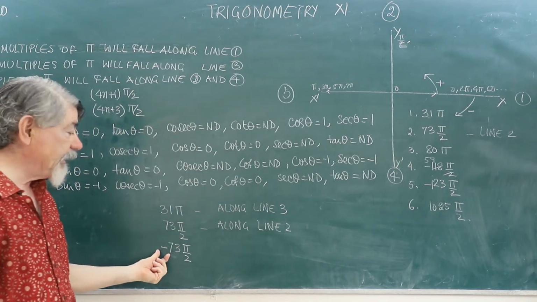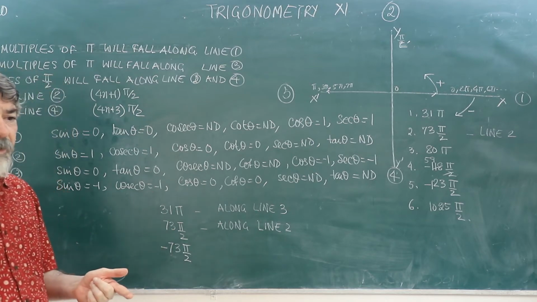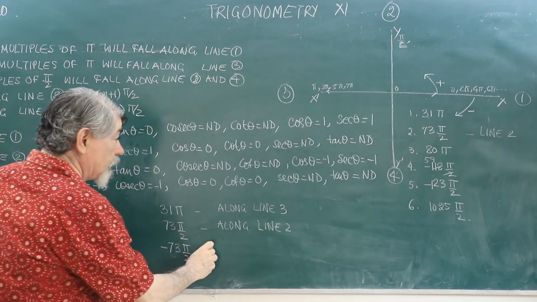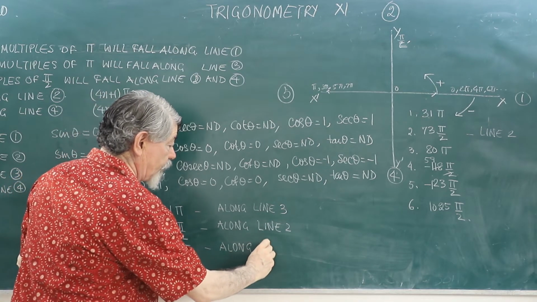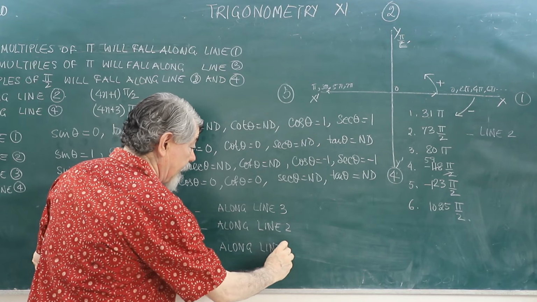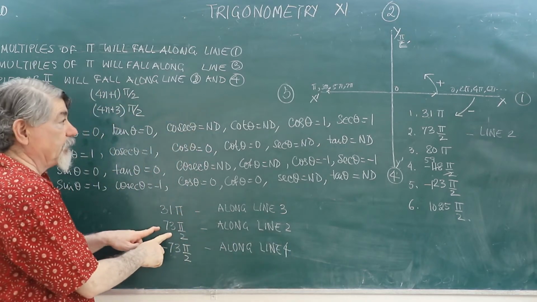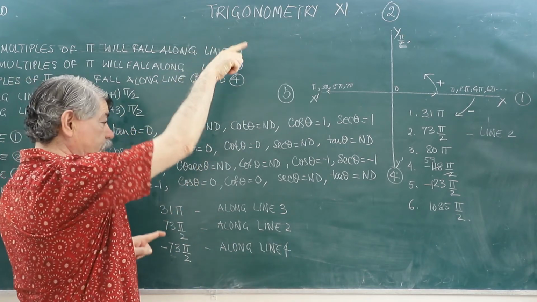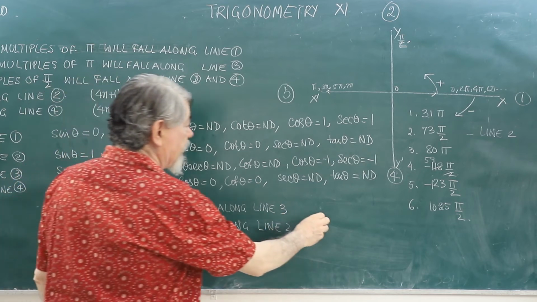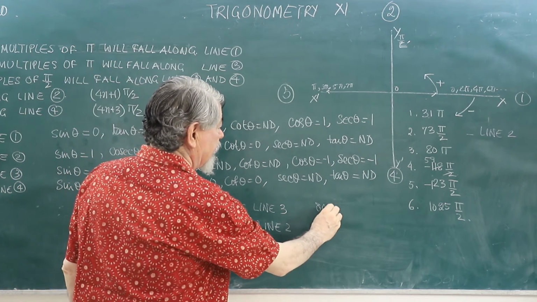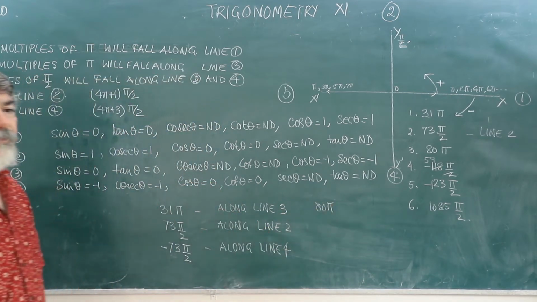If with negative sign the remainder is coming 1, then it is going to fall along line 4. If the sign is changed, because 73 pi by 2 is up, minus 73 pi by 2 will be down.